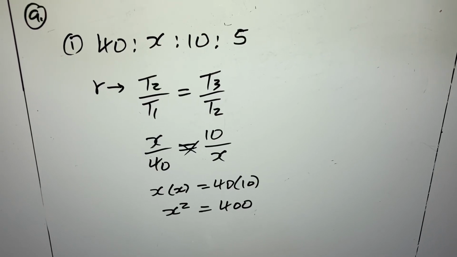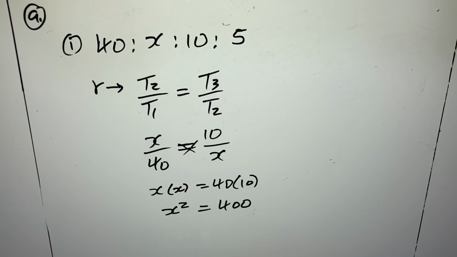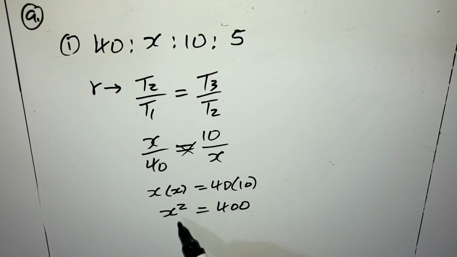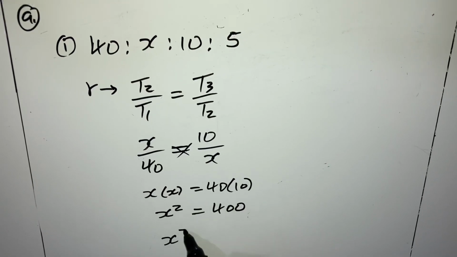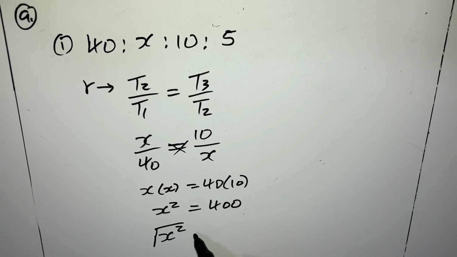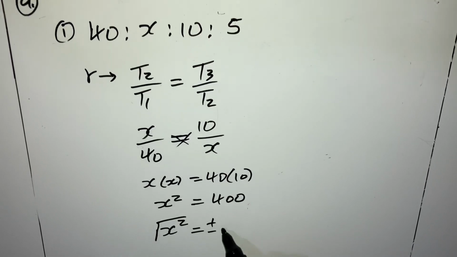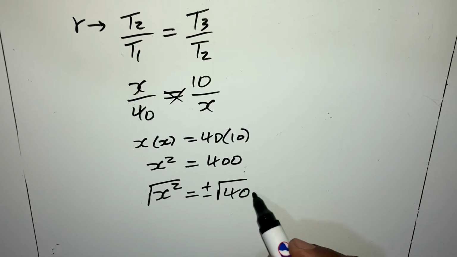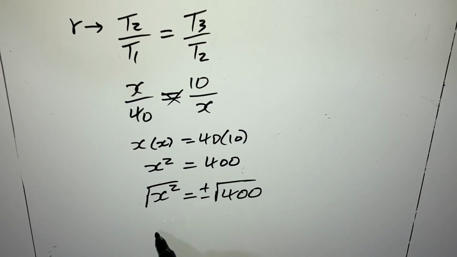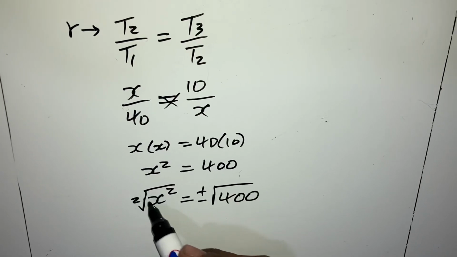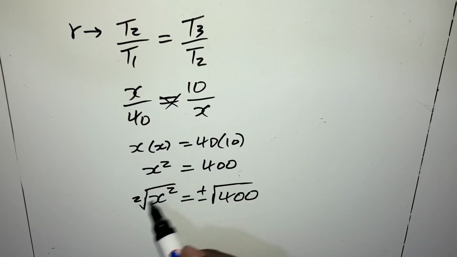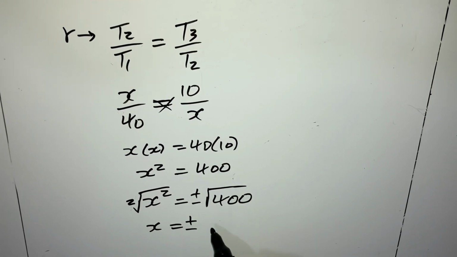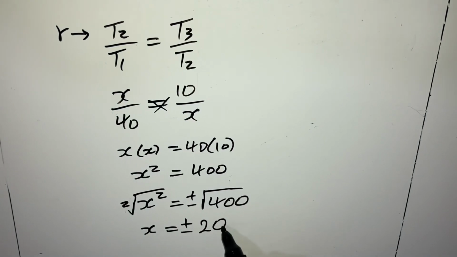So we can remove the squared by putting a root, then plus or minus the root of 400. The root will cancel the square. We remain with x equals plus or minus 20.